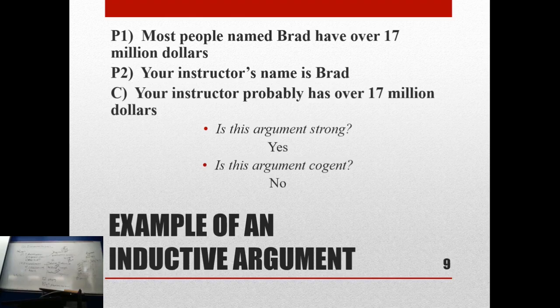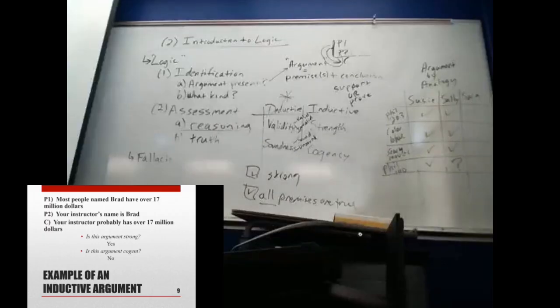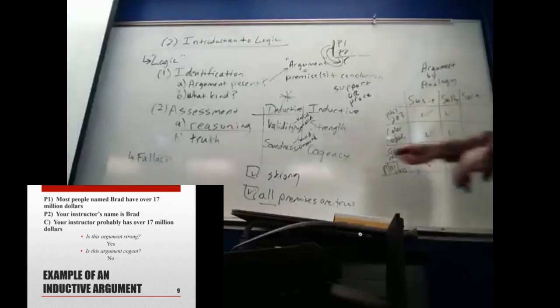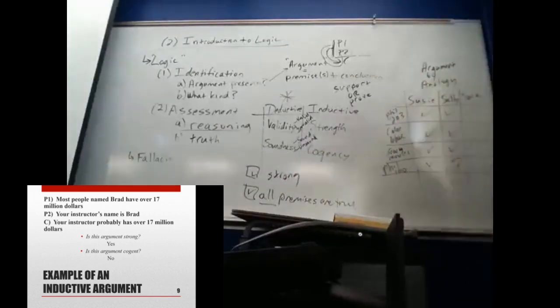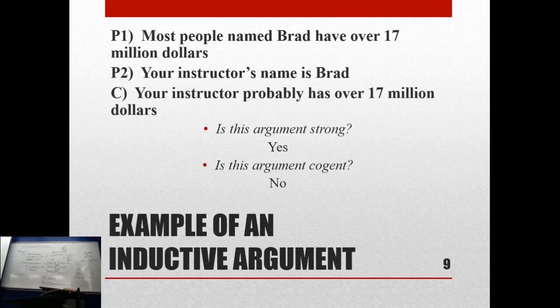So remember, all it takes is one to be false, and the whole thing is, in an inductive argument, not cogent, or if it's deductive, the whole thing's unsound if one of the premises is false. Questions, comments, concerns? Again, this is all brand new to you. I know it's completely foreign, but hopefully it's starting to settle in and make some sense here. Okay.